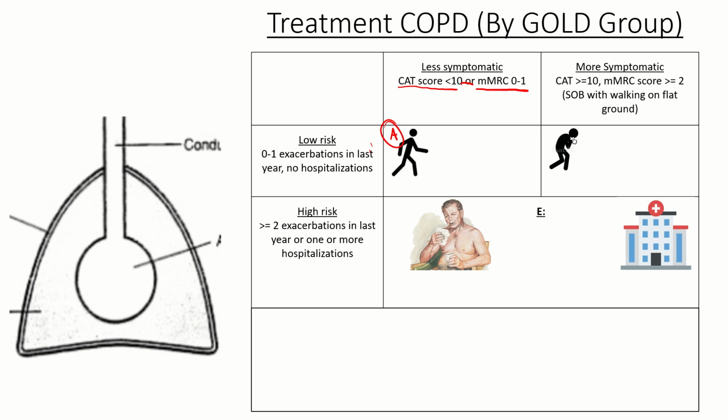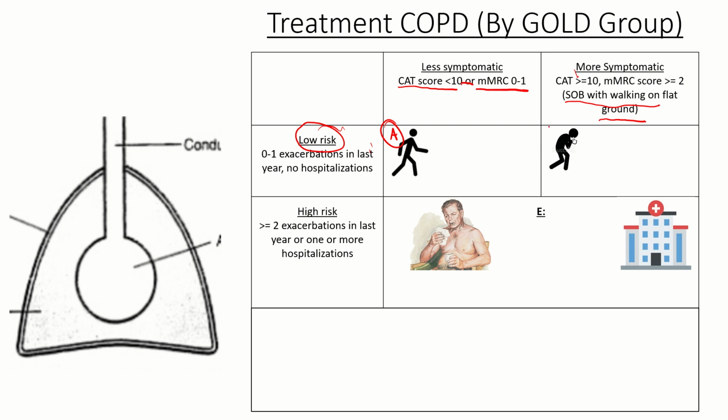The CAT score is a little more involved, as the patient has to fill out a paper. mMRC you can do, and mMRC greater than or equal to 2 is when the patient gets short of breath walking on flat ground. So if the patient doesn't get short of breath walking on flat ground, and the patient is low risk, meaning they have had at maximum 1 exacerbation last year without hospitalization, you put them in group A.